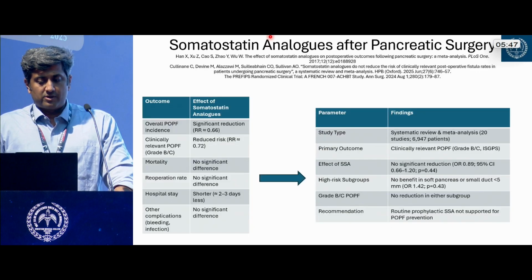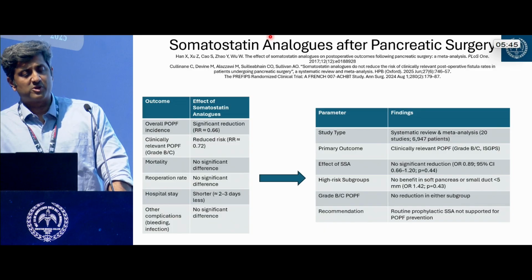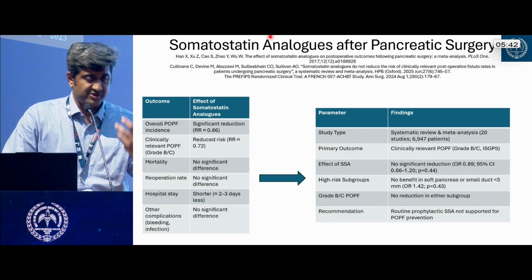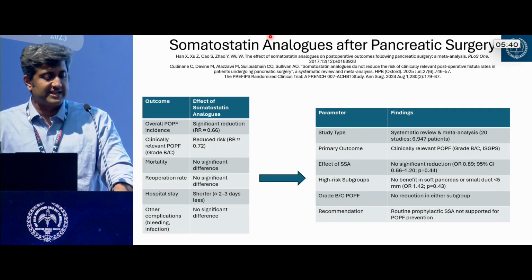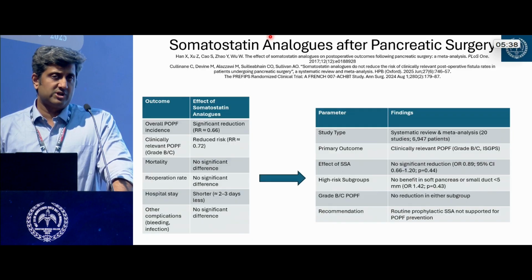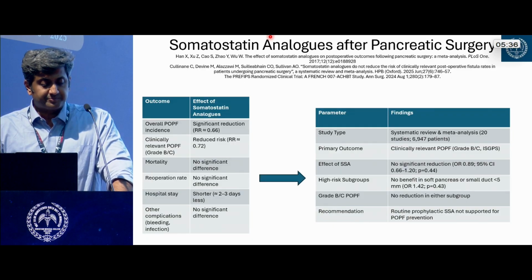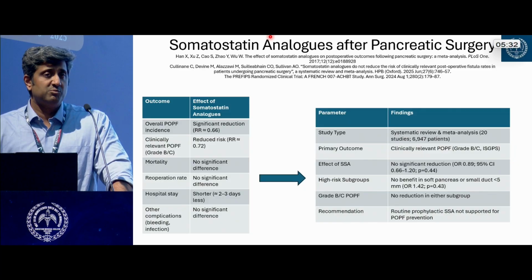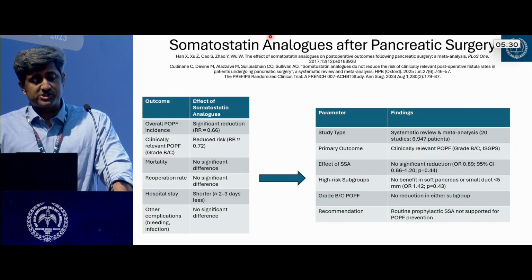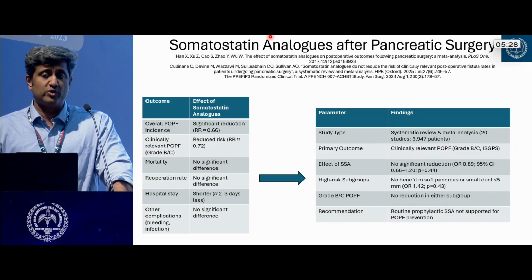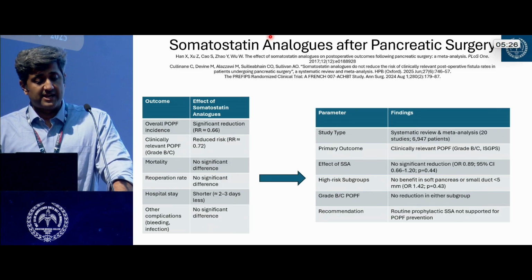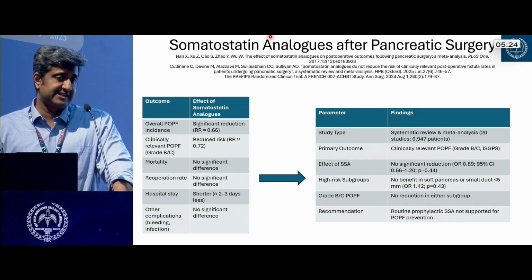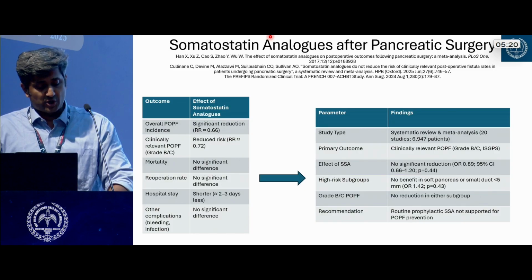So going on, about somatostatin analogs, if you wanted to add this in, what is the data on that? I think there was a lot of support from the surgical side, where initially to prevent post-op leaks, there was some moderate benefit that had been shown in earlier studies, as well as some meta-analysis that had said that there could be some benefit in preventing post-op leaks.